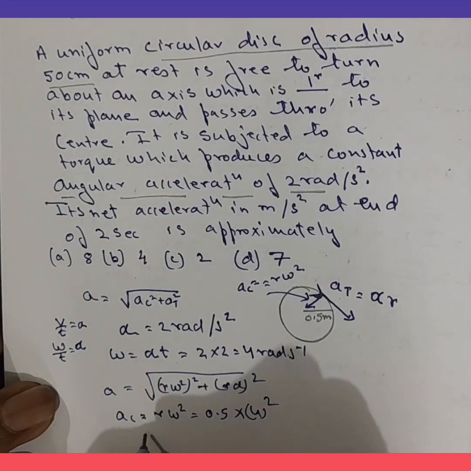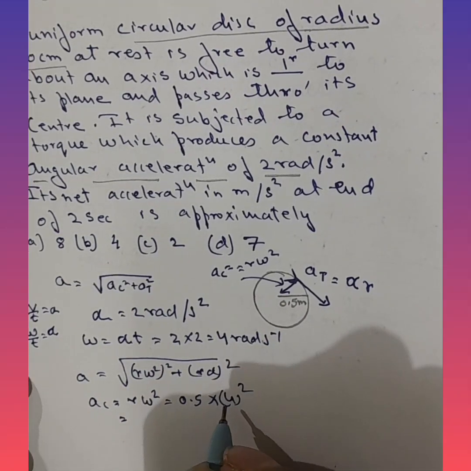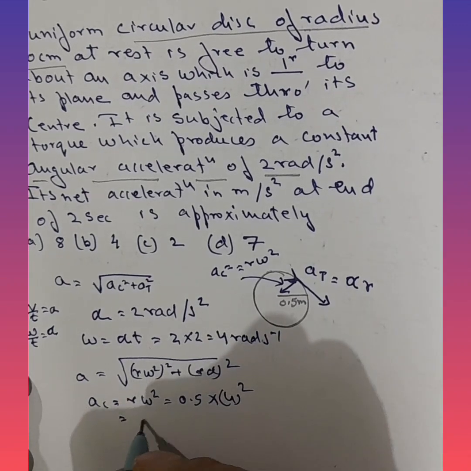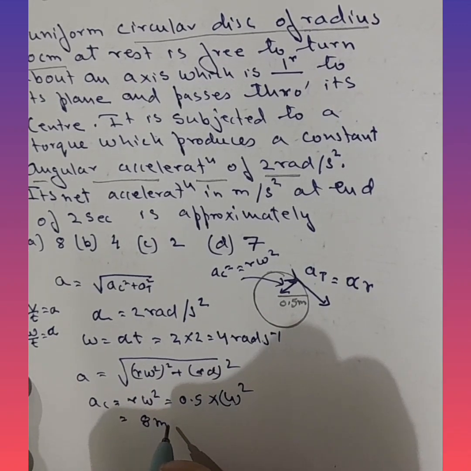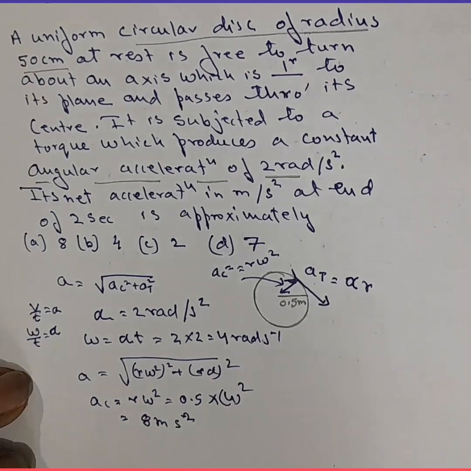All right, so AC is 16 into 0.5, that would come to 8 meter per second square. All right, so AC is got.